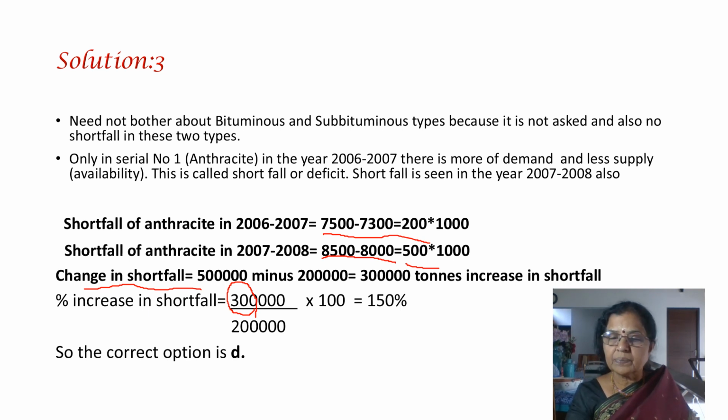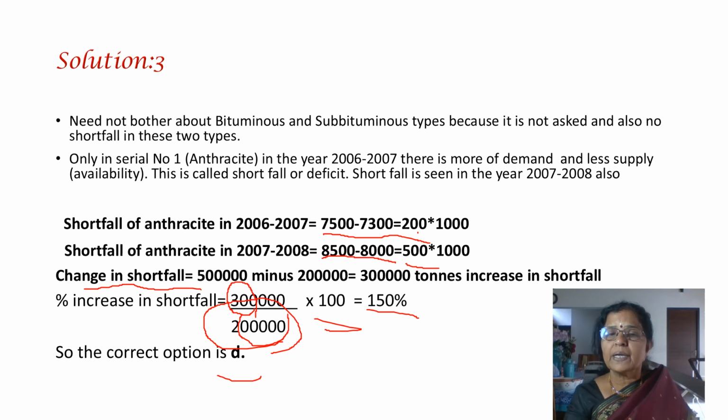So always the increase is for the base number. We have told the deficit is for the base number, which was the number originally there, 200,000 tons. So the change is for 200,000 tons. It has increased by 300,000 tons. And what is the percentage of increase in deficit? 300 by 200 into 100. You get 150%, which is option D.